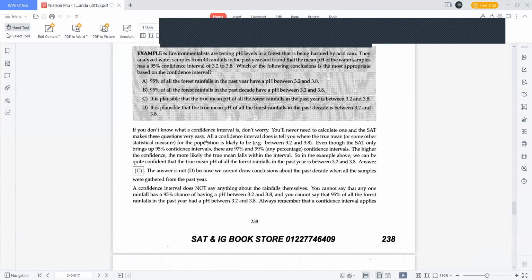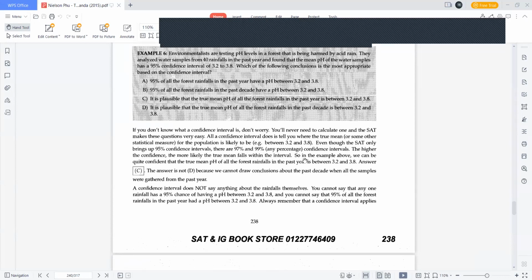All a confidence interval does is tell you where the true mean or some other statistical measure for the population is likely to be. Even though the SAT only brings up 95% confidence intervals, there are 97% and 99% confidence levels. The higher the confidence, the more likely the true mean falls in the interval.